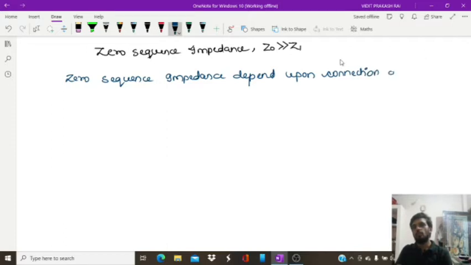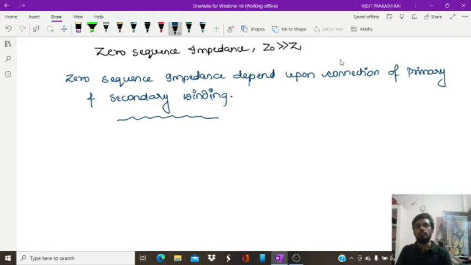Connection of primary and secondary winding, like how you have connected this winding, either in star or delta.